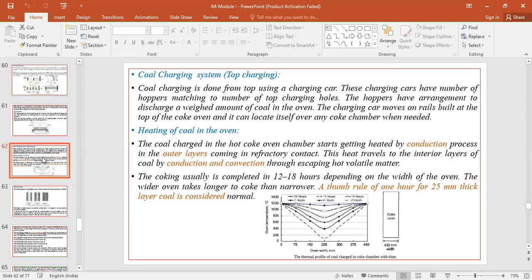And this charging car moves from one end to the other with the help of rails, which are built on the top of the ovens.